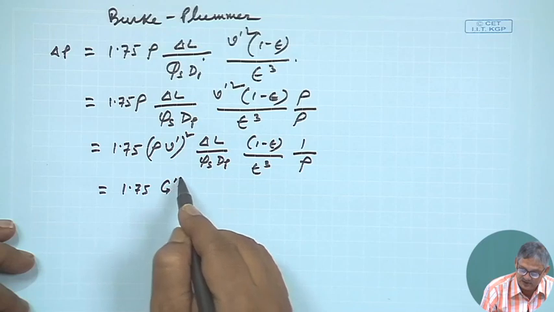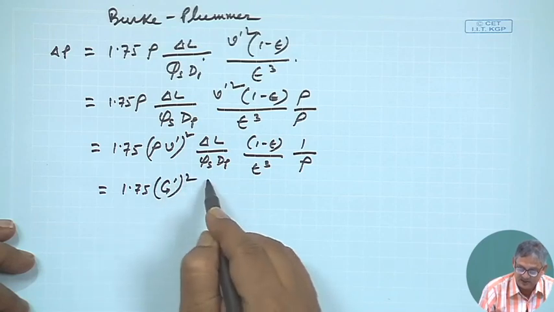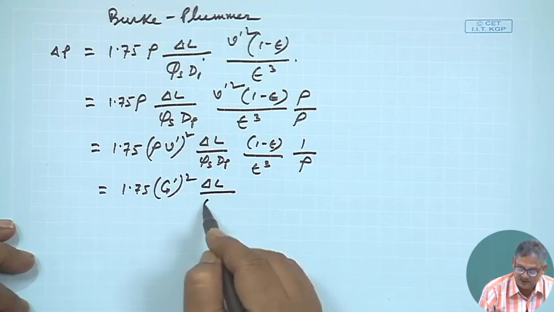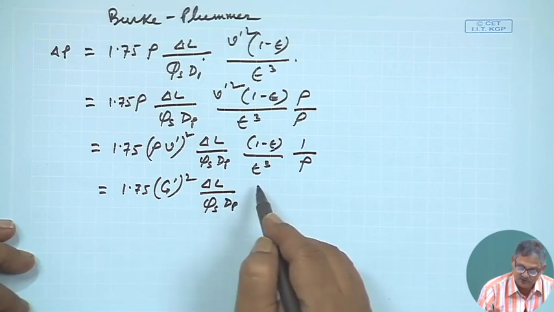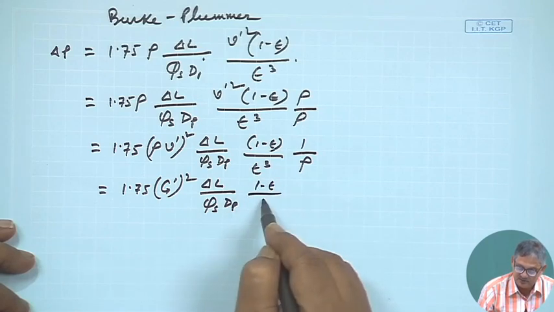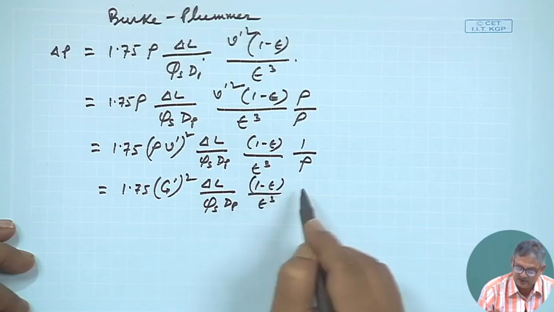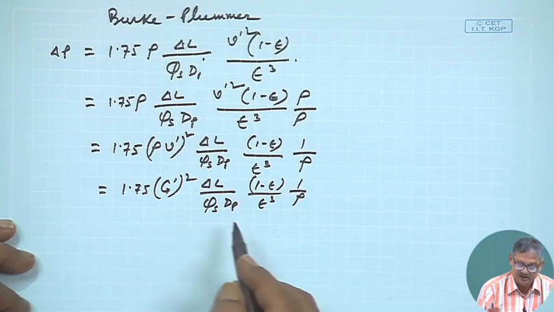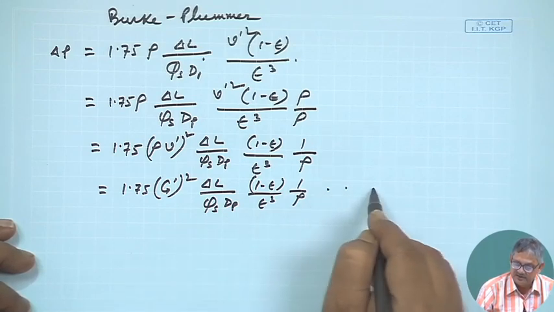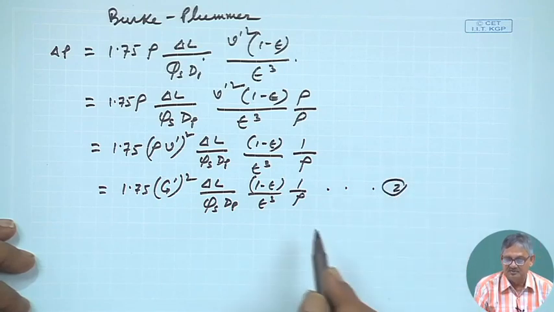So we can write 1.75 G prime square into delta L by phi s dp, into 1 minus epsilon by epsilon cube into 1 by rho. This we call equation number 2.